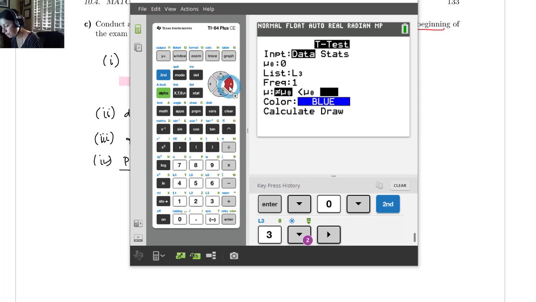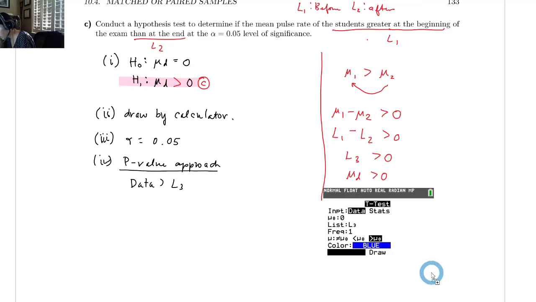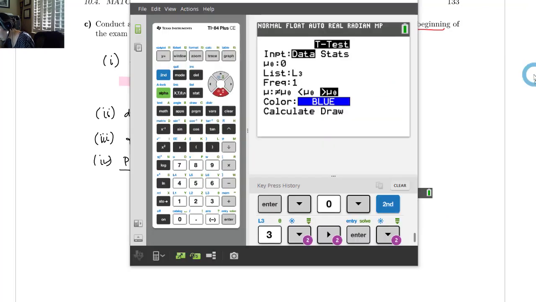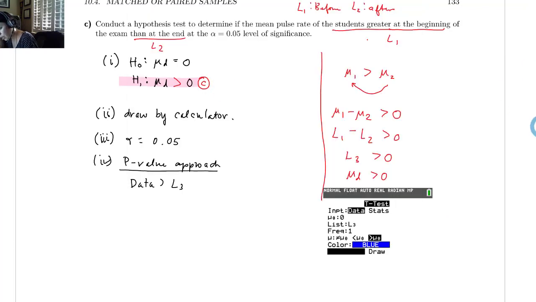Okay. And so let me go ahead and drag this over. Okay. And now I'll hit OK. And now I'll go ahead and hit draw.